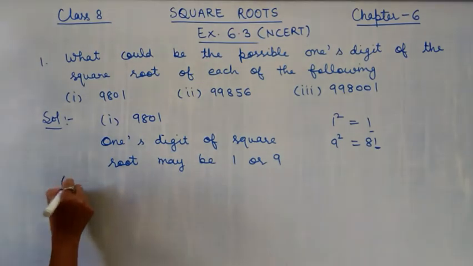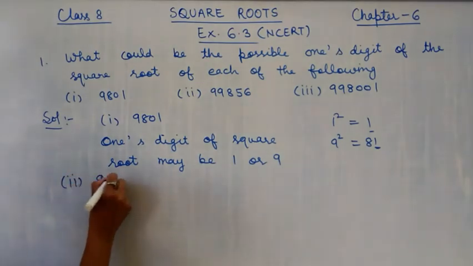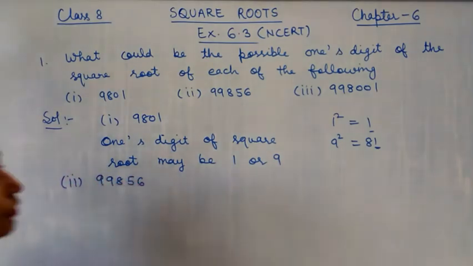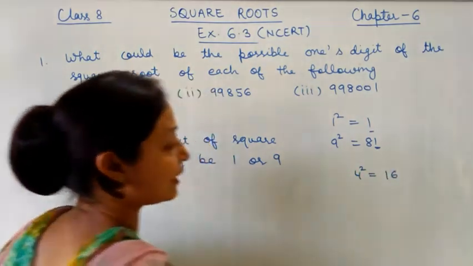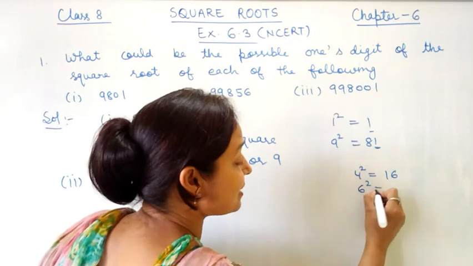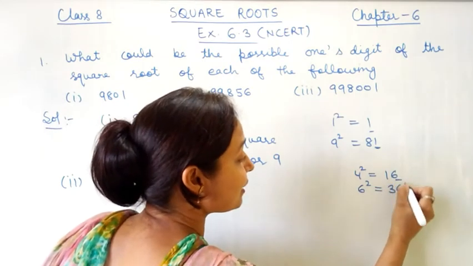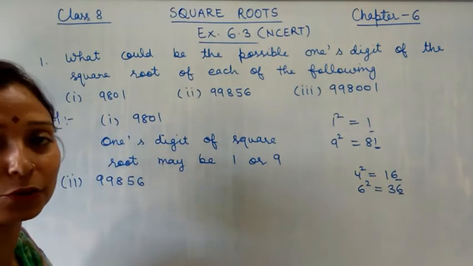And the second one is 99856. When you do the square of 4, 4 4s are 16, and when you do the square of 6, 6 6s are 36. In both cases there is a 6 at the unit place.